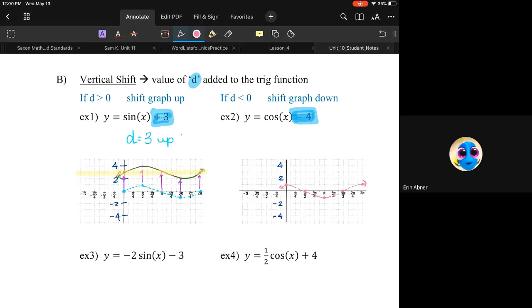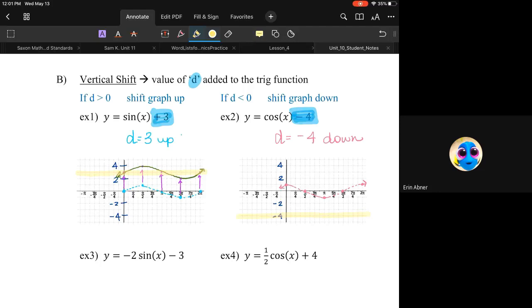Okay, so now it says my D is -4, which means I'm going to go down. So I'm going to take my new 0 and go down from the original 0, 4. 1, 2, 3, 4. There's my new zero line.